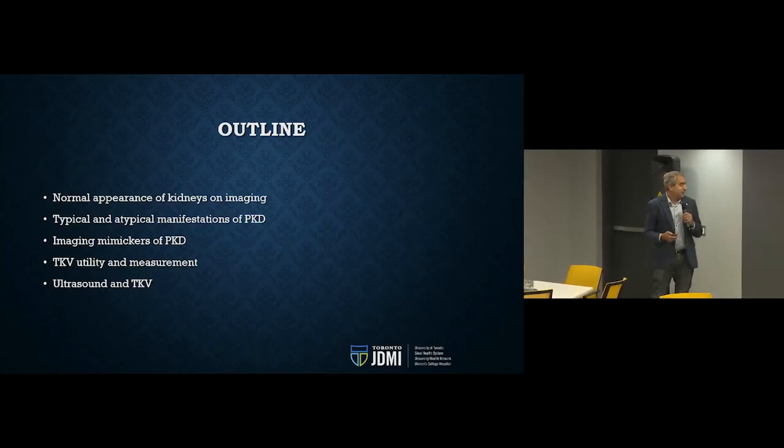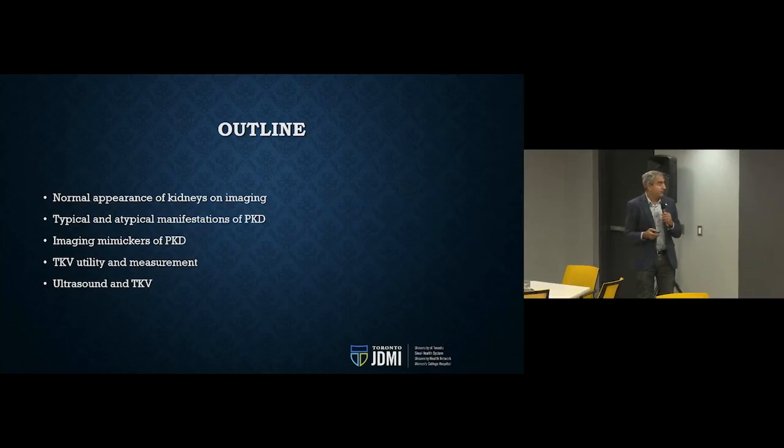Great. So my talk is going to be with regards to a number of imaging related topics. First thing I'm going to do is just briefly review the normal appearance of kidneys on the imaging, and especially go through the pros and cons of the different types of imaging modalities that we have, the common ones anyways.